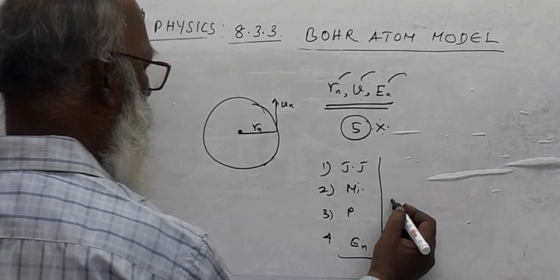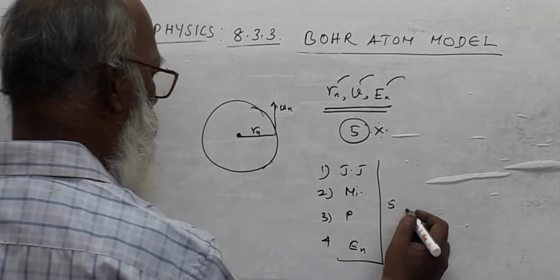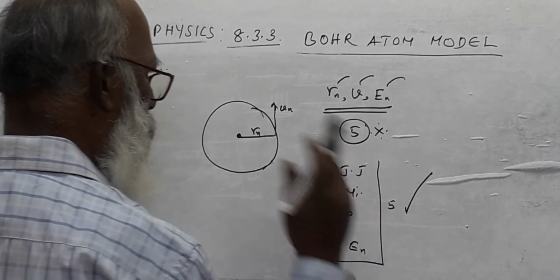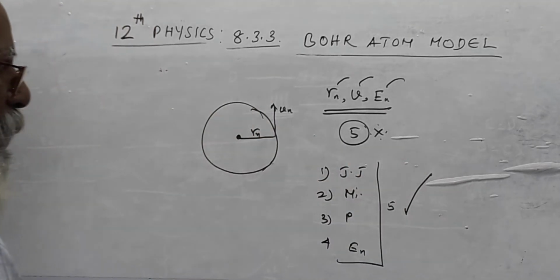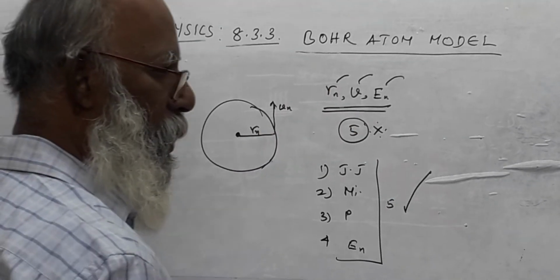This is a very fantastic 5-mark question. Among these 4 questions, you can definitely write one question in the annual examination. That is the concept we are going to see.